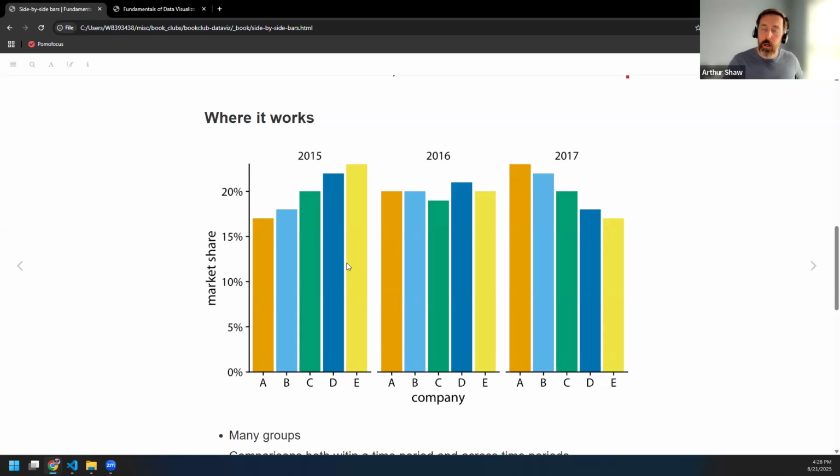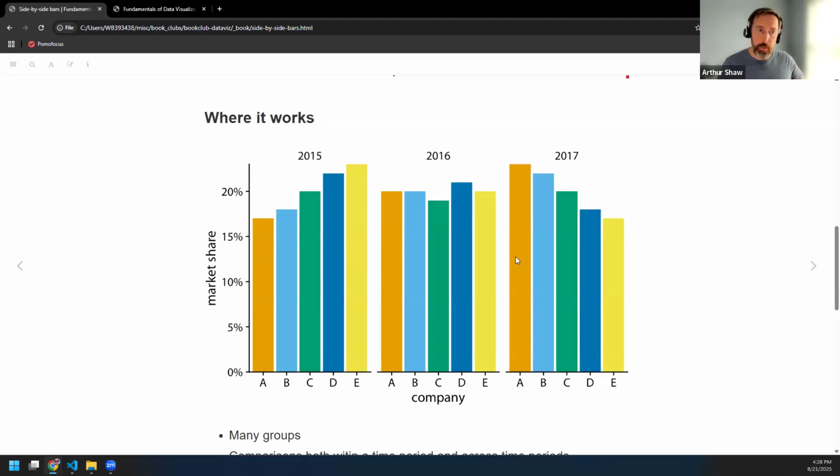If I, as a consumer of the chart, want to come in and understand the story, it requires more effort than I would want as a designer consumers to expend. So if I want to see the trend for a given company, I have to visually move my eyes across these charts, finding the relevant bar, and then try to parse a pattern.